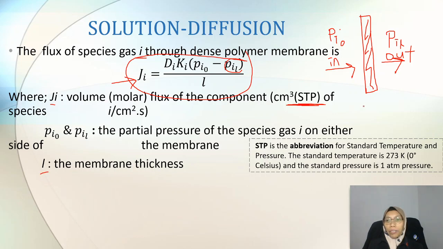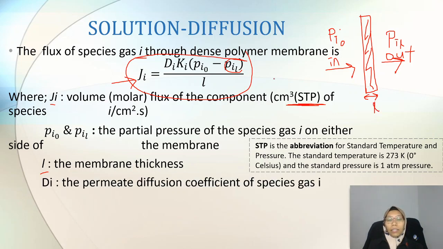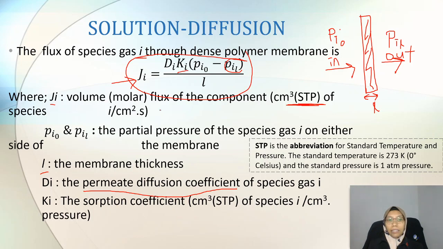L is the membrane thickness. D is the diffusion coefficient of gas species i, and K is the sorption coefficient of species i.